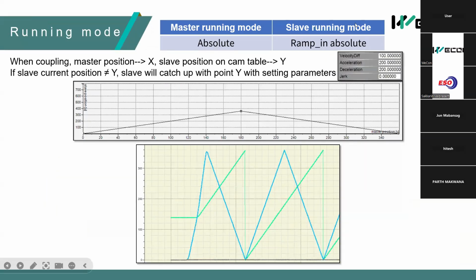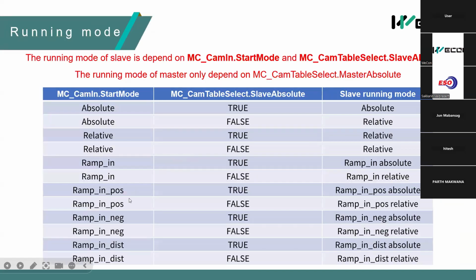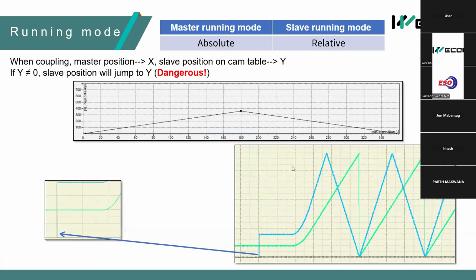And here also, when the master is absolute mode and the slave is ramp in absolute, when you set the start mode as this ramp in, you will have the slave running mode, ramp in absolute or ramp in relative.